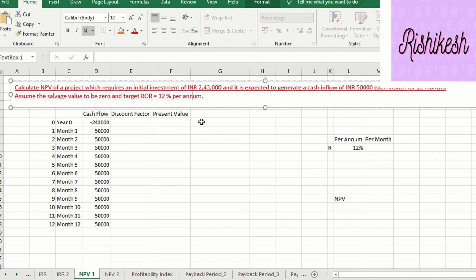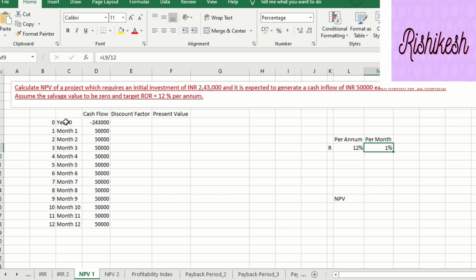So 12% per annum, but the cash inflow is given as 50,000 rupees per month. If I've got a rate of return of 12% per annum, to convert that into a month, I just have to divide this interest rate by 12, and this will give me the rate per month. So remember, if the cash inflow is given per month, you have to convert the rate of interest from per annum to per month, and that can be done by dividing it by 12.